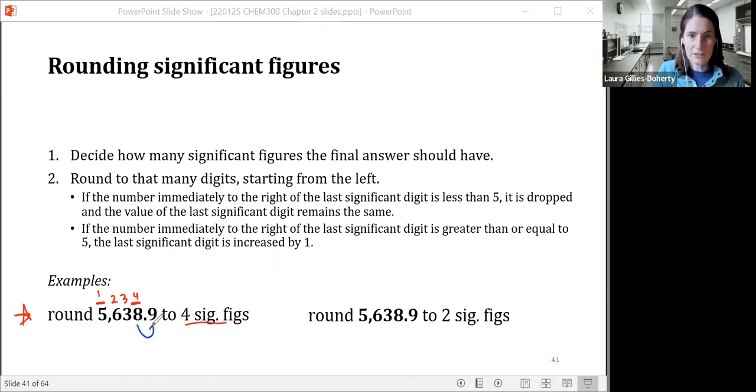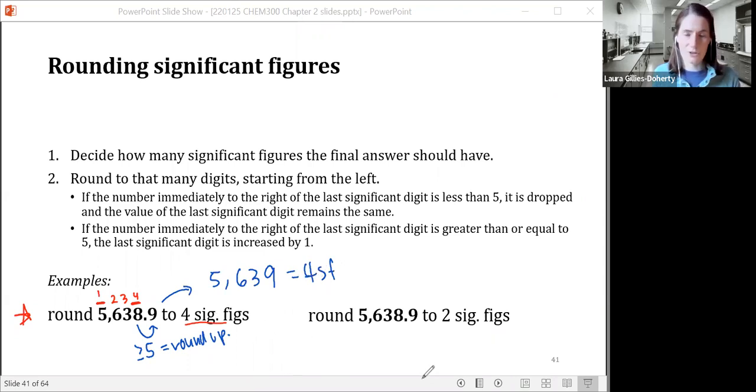This is our last sig fig. Look to the right. It's greater than or equal to 5. So we're going to round the 8 up to a 9. Round up. So we end up getting 5,639 when we round that 8 to a 9. And we have 4 sig figs as was requested.